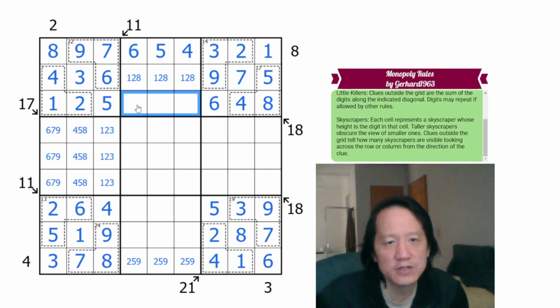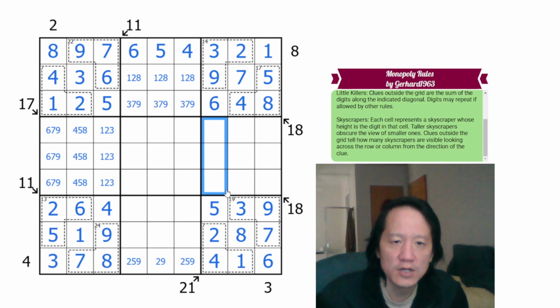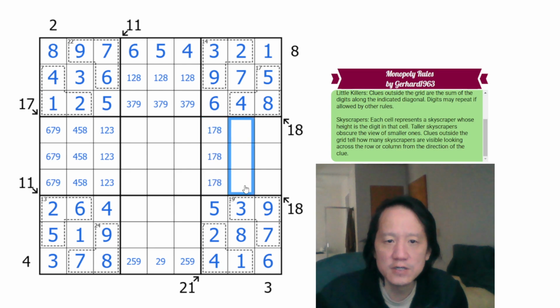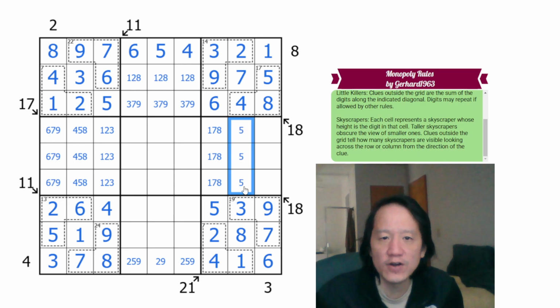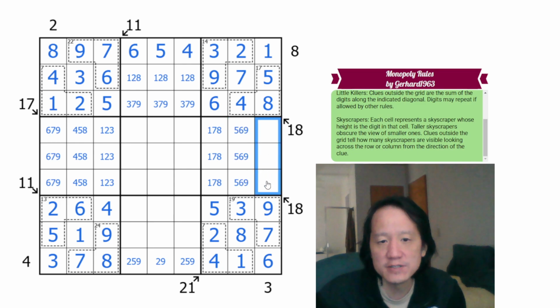And the remaining cells here are 3, 7, and 9. This can't be 5 because of this 5. What are the remaining cells here? It's 1, 7, and 8. The remaining cells here are 5, 6, and 9. And the remaining cells here are 2, 3, and 4.